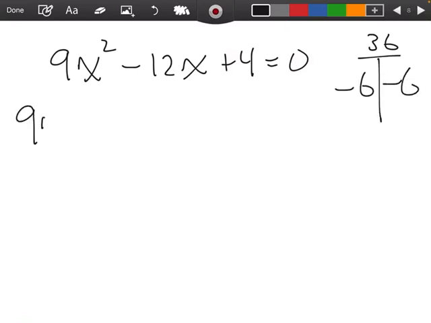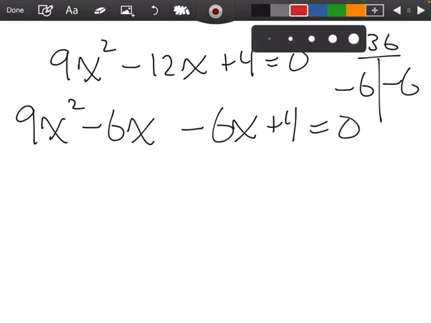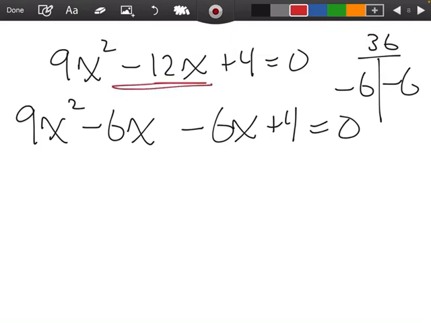So when we write the problem, it's 9x squared minus 6x, another minus 6x, plus 4 equals 0. Before I go on, one thing I want to mention: all we have done here is rewrite negative 12 as minus 6 minus 6. That's all we've done so far. We really haven't changed the problem. We just wrote it a little bit differently.